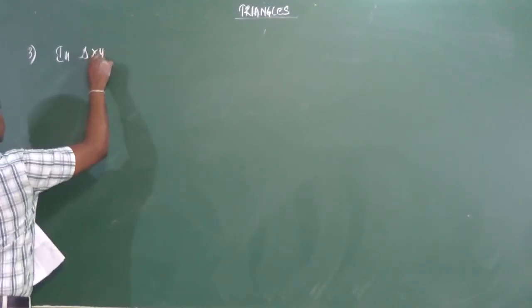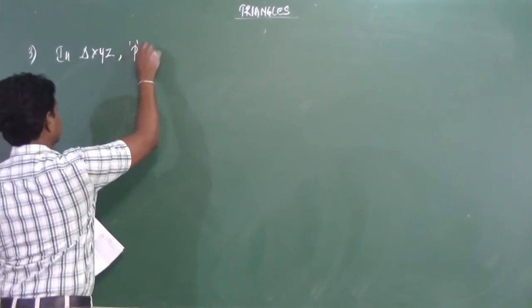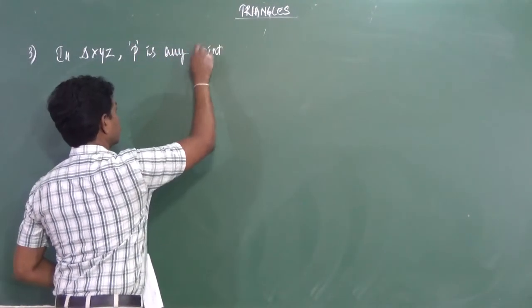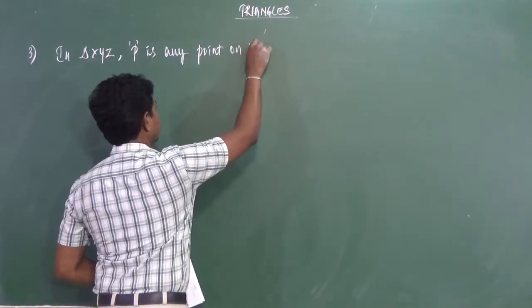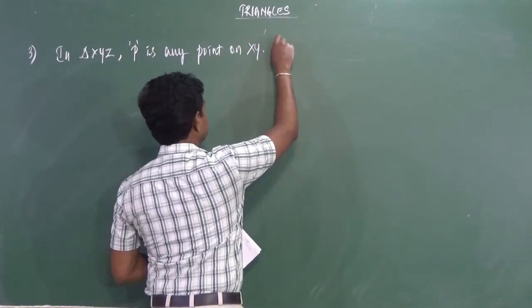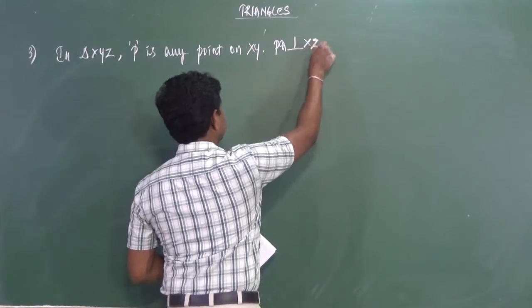In triangle XYZ, P is any point on XY, and PQ is perpendicular to XZ.